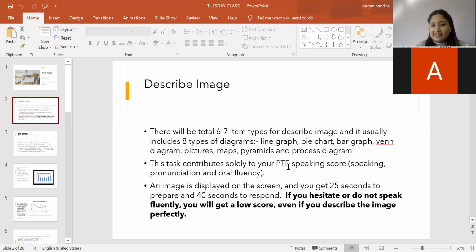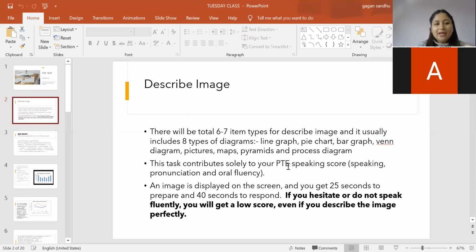You don't have to hesitate while speaking, even if you started the diagram in a wrong way. Suppose it's a line graph and you started talking like it's a bar graph. Don't go back and correct yourself, because correcting yourself will make you lose more score. Hesitating, fumbling, or repeating some sentence or word is completely to be avoided if you want a good score in describe image.